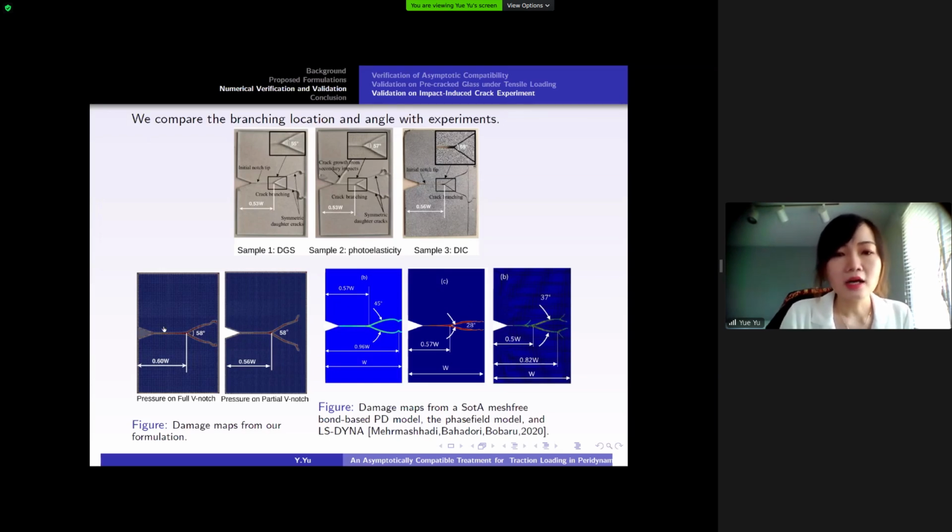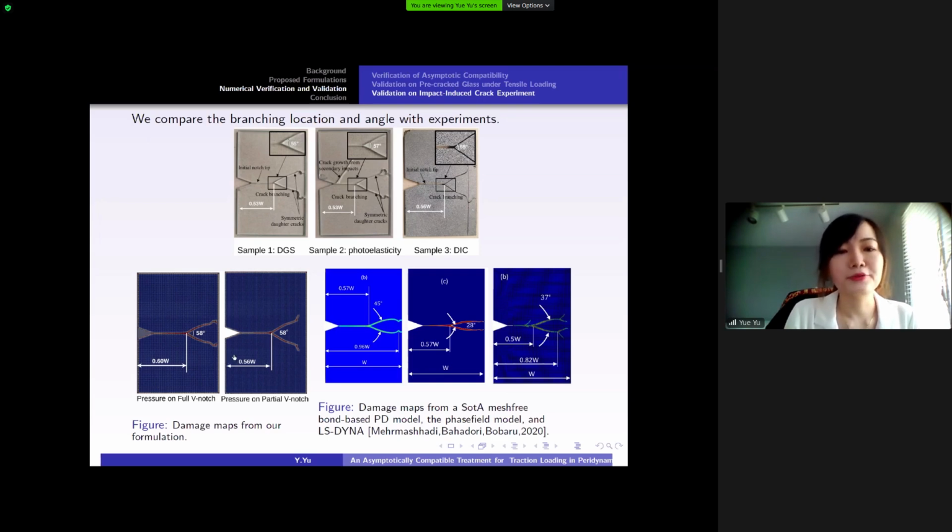Now let's compare the values quantitatively. We can see that our simulation predicts the branching angle as 58 degrees, which is consistent with the experiment.